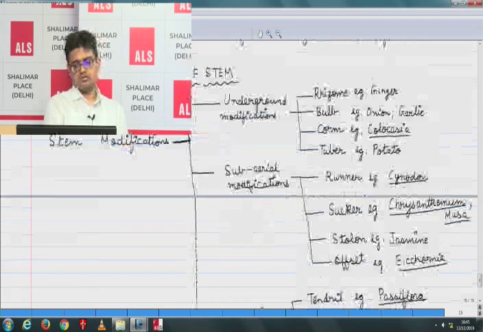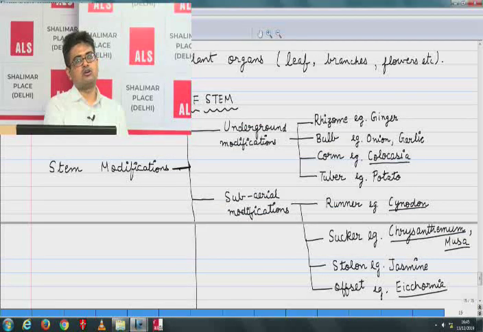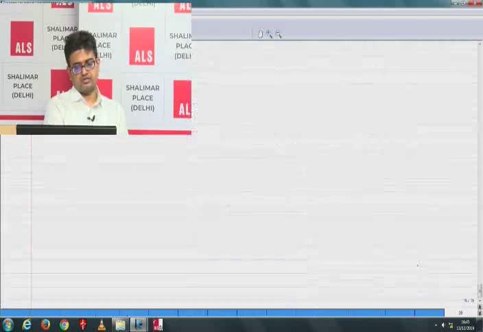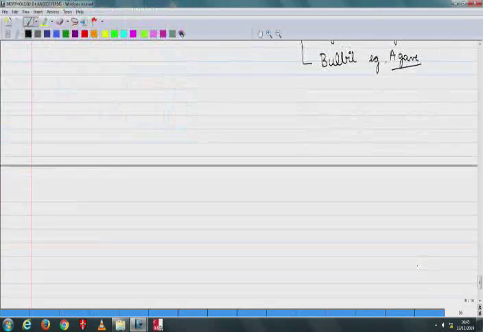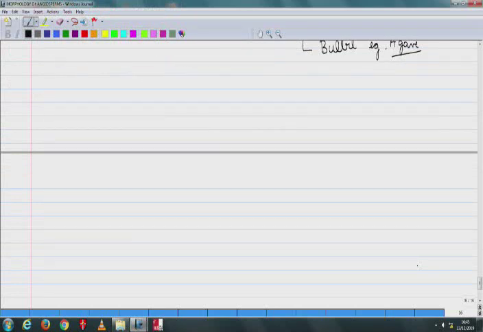Okay. So first of all, we have to do the underground modifications. Please put the heading, underground modifications.